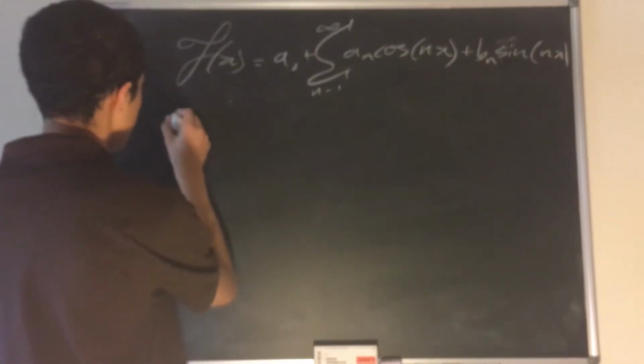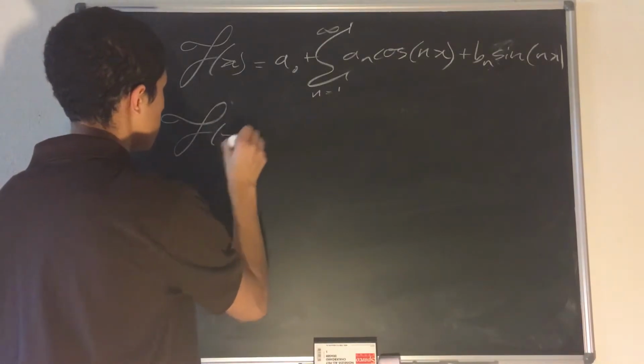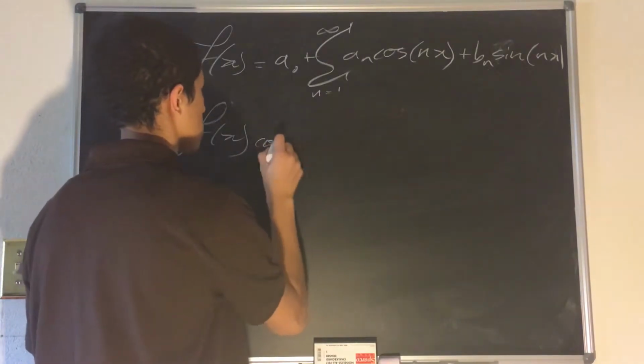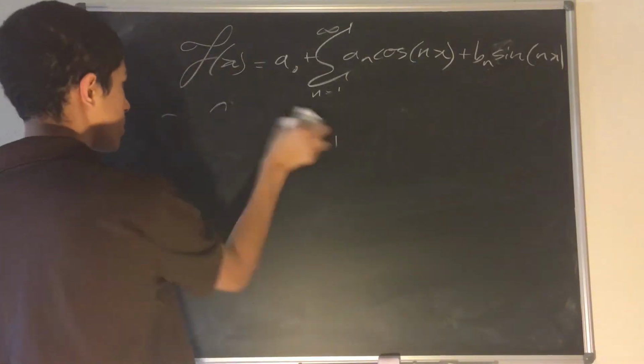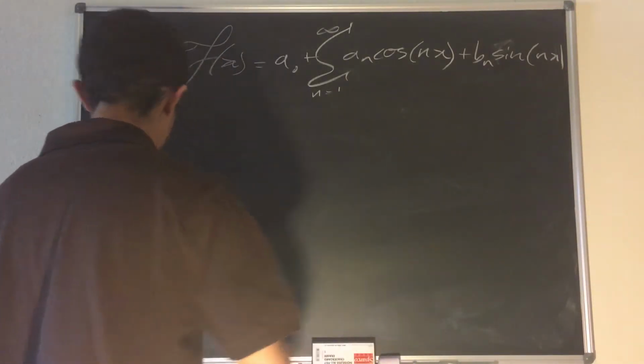So let's have f of x cosine kx. Let's write smaller here, we won't have enough space at the end.